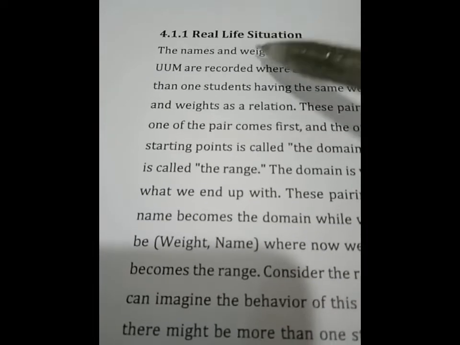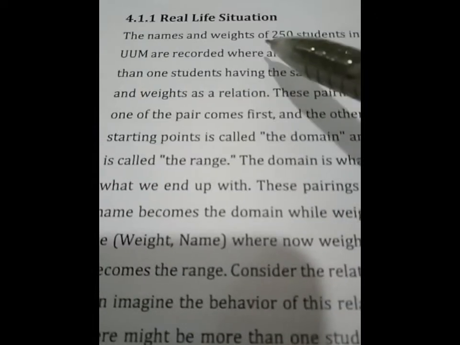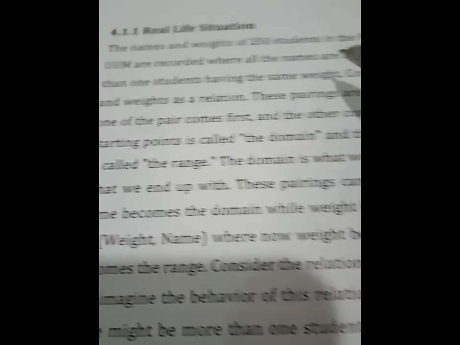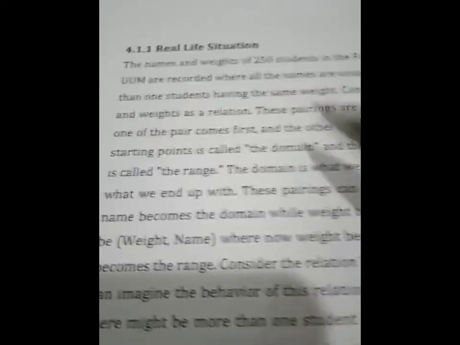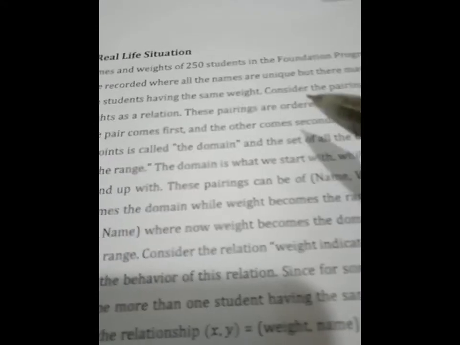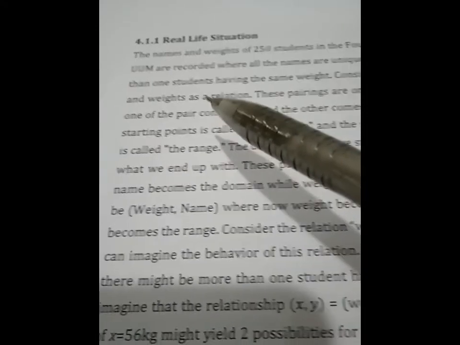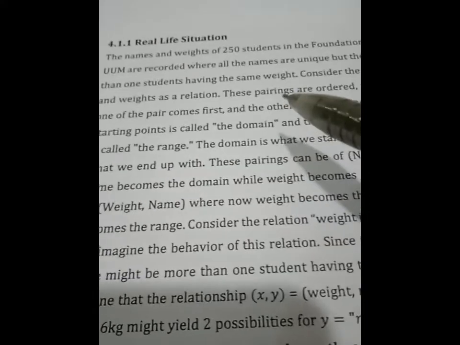Okay, an example in a real life situation. Let's say we have the names and weights of 250 students in the foundation studies. They are recorded where all the names are unique, but there may be more than one student having the same weight.